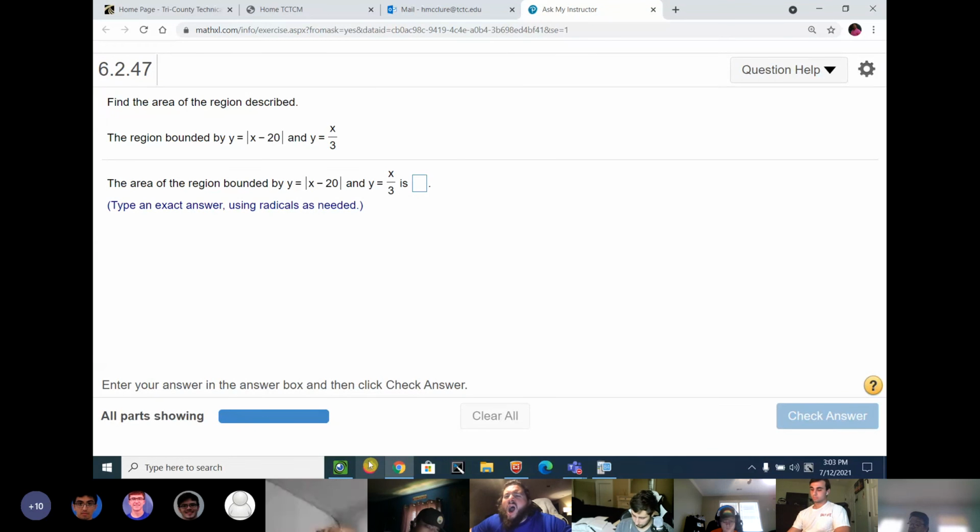And y is equal to x over 3. That's the same thing as 1/3 x, so it crosses at the origin, and it's shallow because of the 1/3. Maybe a little bit off, but it's the general idea.